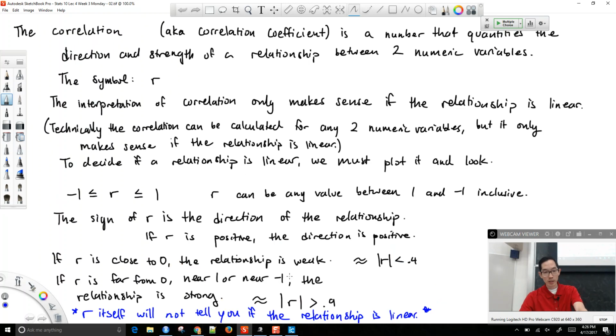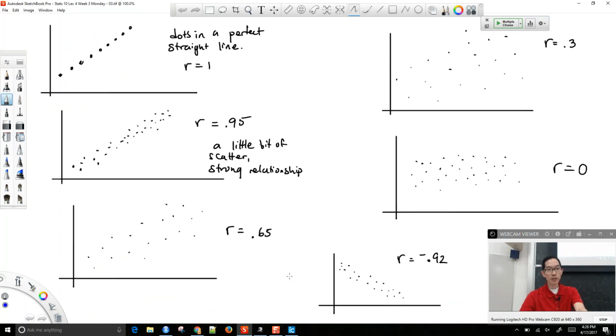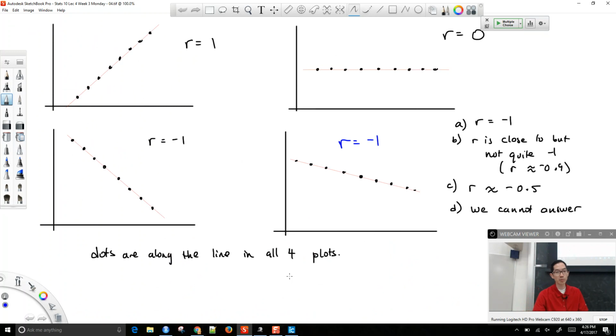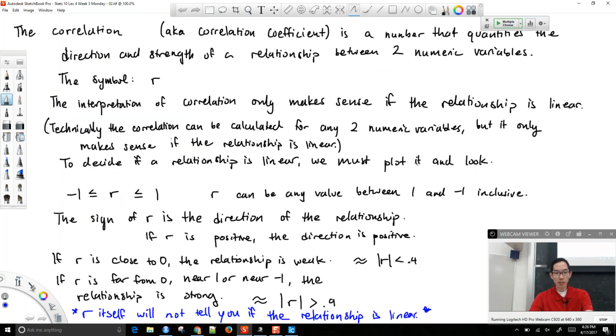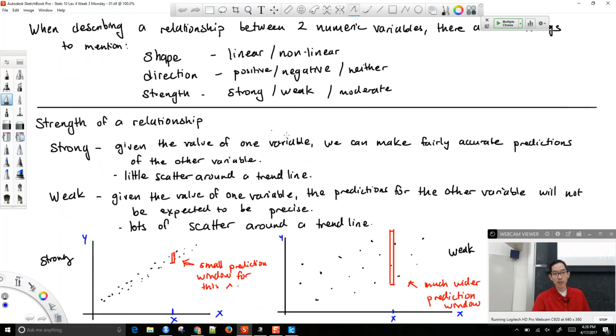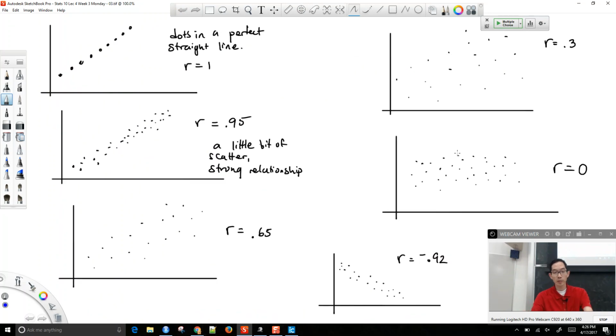As far as the strength of a relationship, given the value of one variable, how well of a prediction can we make about the other?